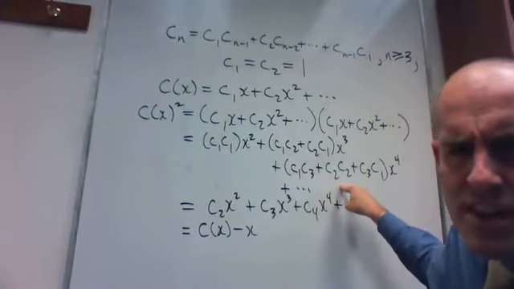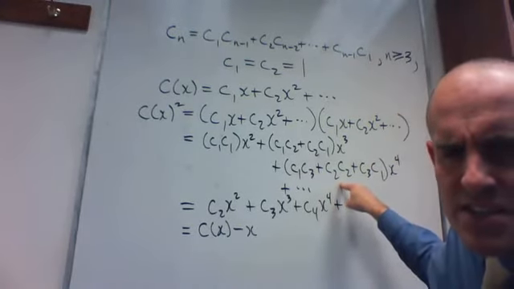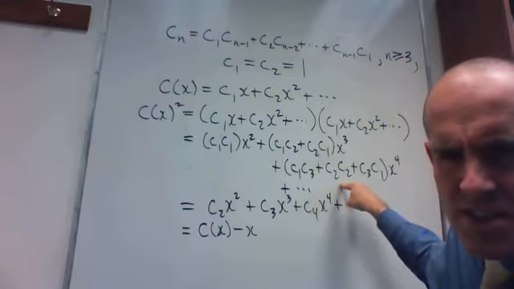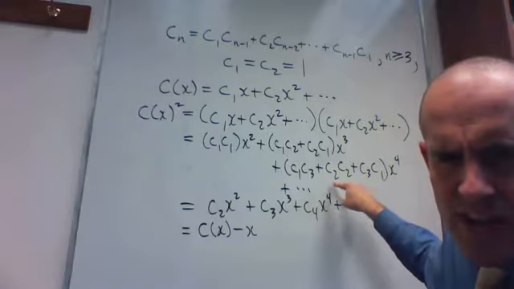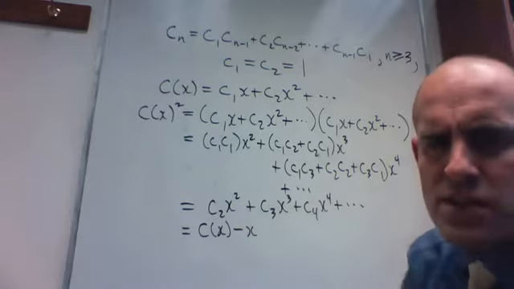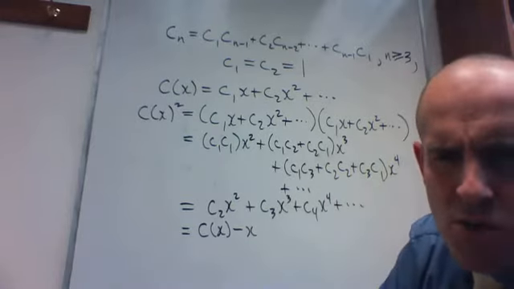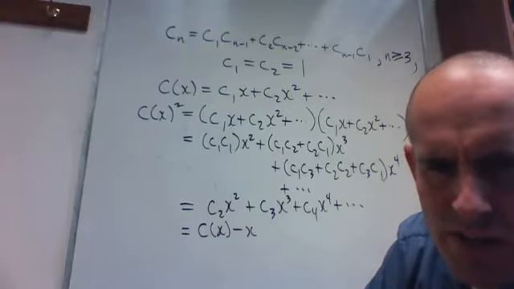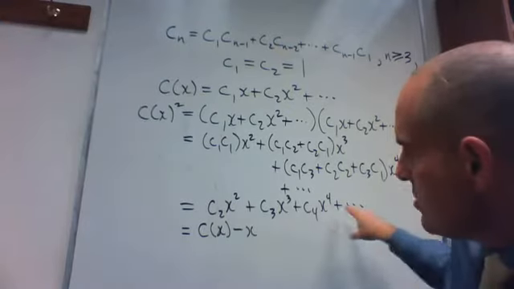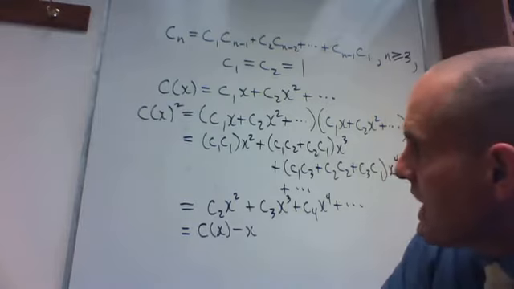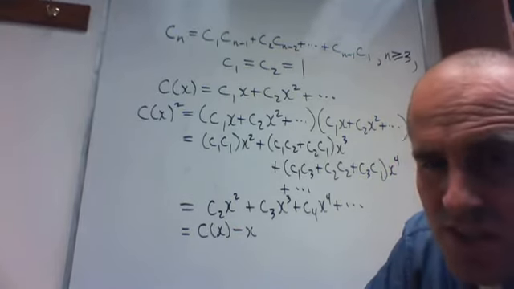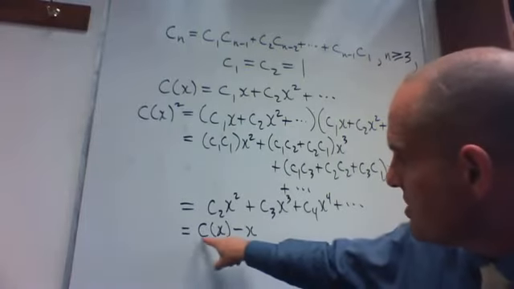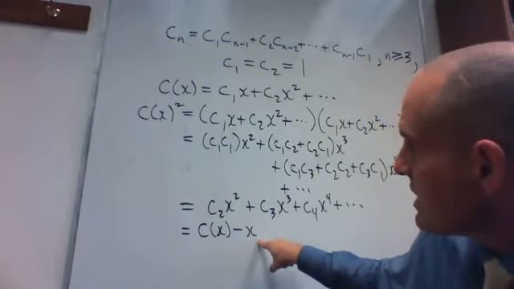But the interesting thing about this is that, for instance, the thing sitting next to x^4 in this case, that complicated looking thing, is really just the recurrence relation for C4. And so this whole thing simplifies down to the Catalan generating function again, almost. It's missing its first term. So that's why you have this C(x) minus x here.